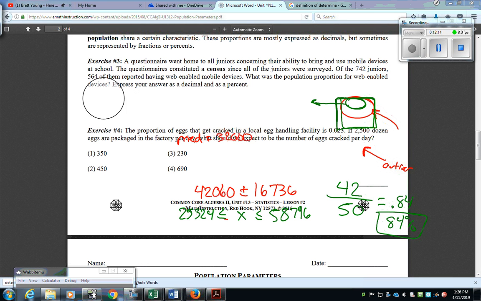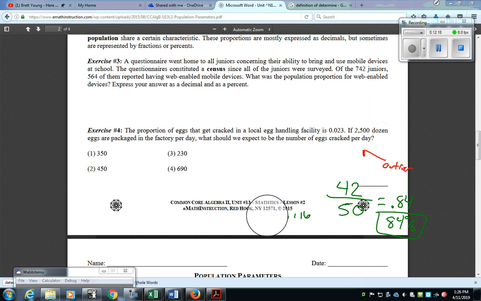And a lot of times when you're talking about mean or standard deviation, kind of like exercise 3 and 4, you're going to be adding and subtracting, trying to find a decimal. Sometimes maybe a proportion can be used as well. So for exercise 3, it says a questionnaire went home to the juniors, considering the ability to bring and use a mobile device. The census was of the 742 juniors, 564 of them said they had a web-enabled mobile device.